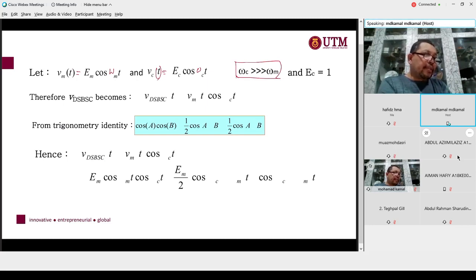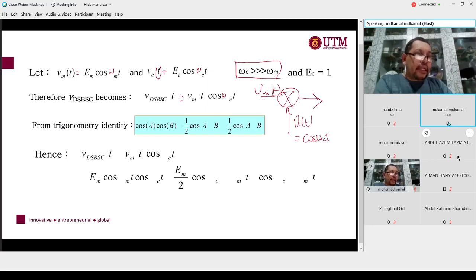V double sideband becomes equal to VM(t) cos omega C t. So you just put a multiplier here. This is your VM(t), this is your VC(t), which is cos omega C t here. If you have two signals, you multiply them together, so the output here is VDSBSC.